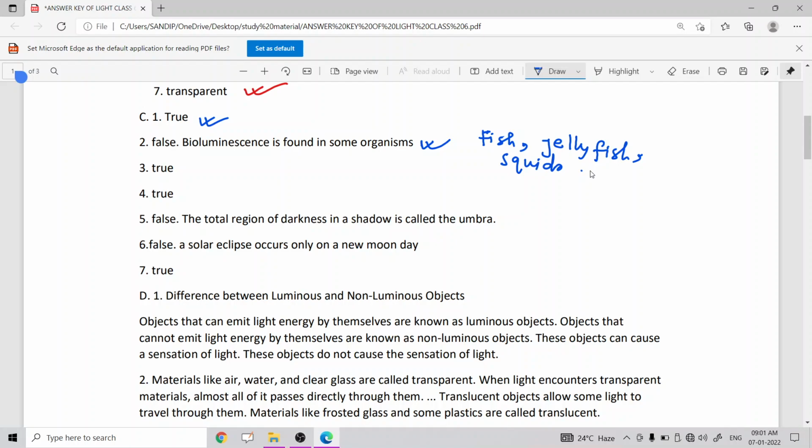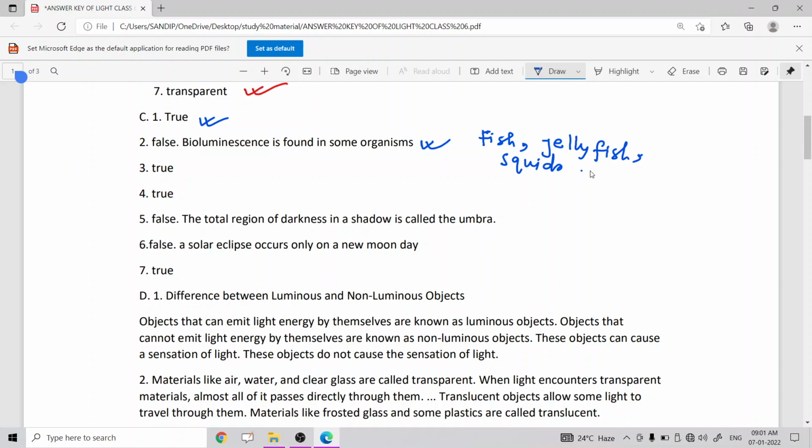Some animals and microorganisms are capable of producing light from their own body by a chemical reaction. It is called bioluminescence, like jellyfish, squid, some fishes. It is generally found in the sea. So we cannot find bioluminescence in all organisms. That is why the statement is false.